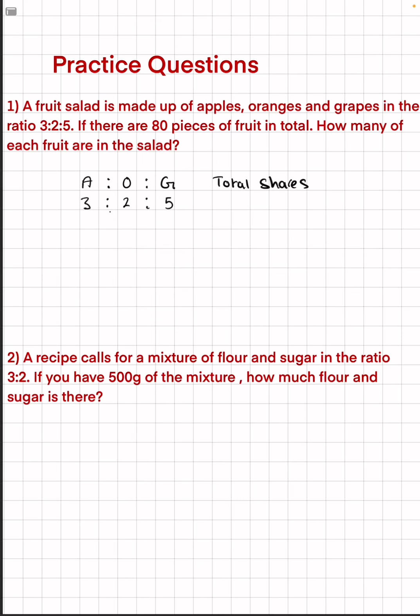To work this out, we need to add these three numbers together. 3 add 2 add 5, which equals 10. So there's 10 shares in total.